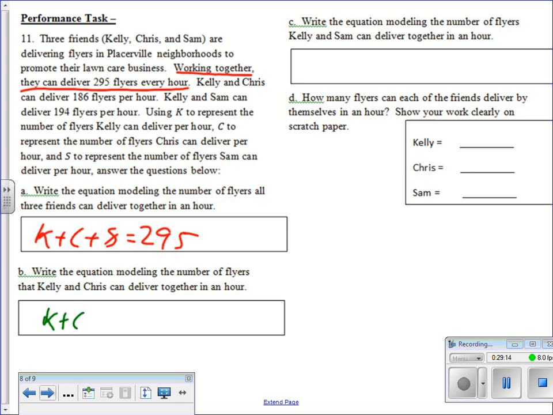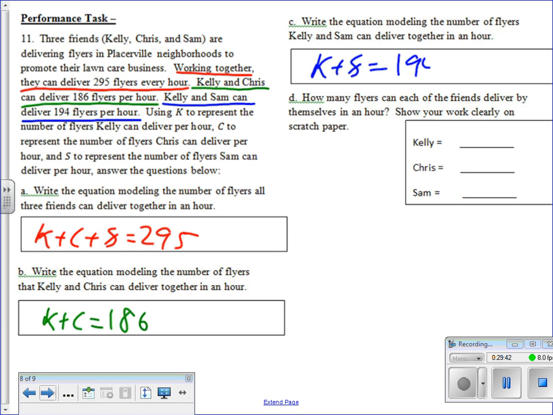Kelly plus Chris equals 186. Question number 3. Kelly and Sam can deliver 194. Kelly plus Sam is 194.